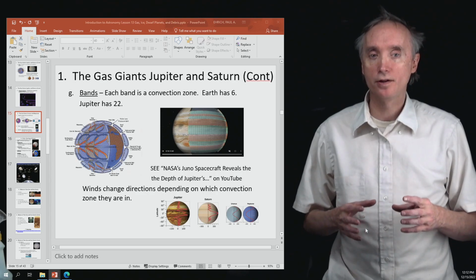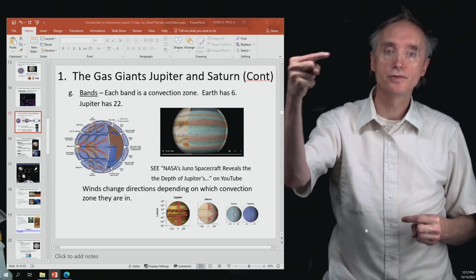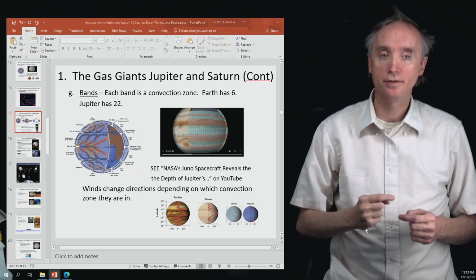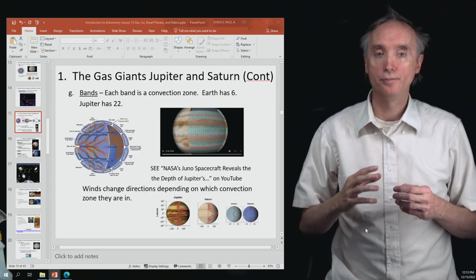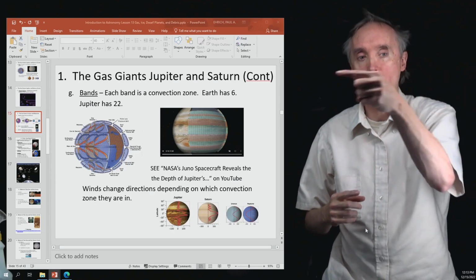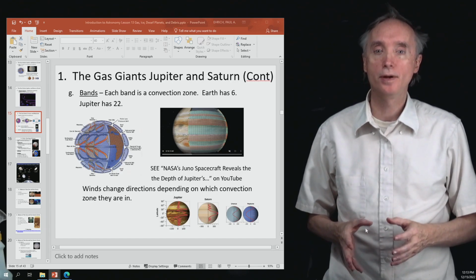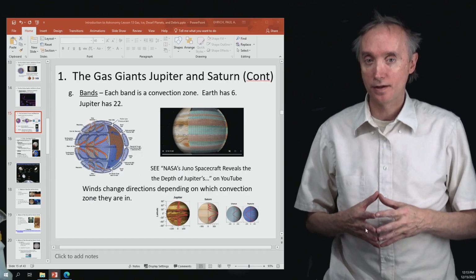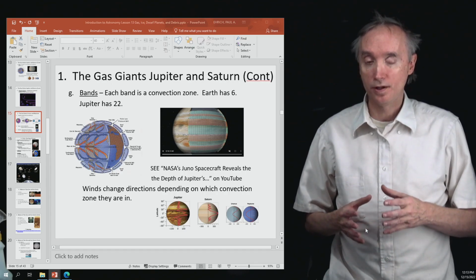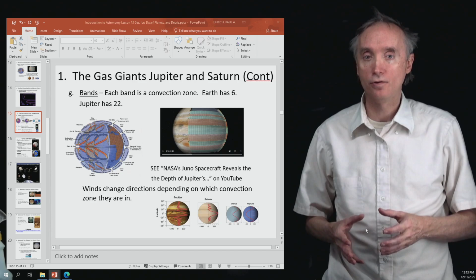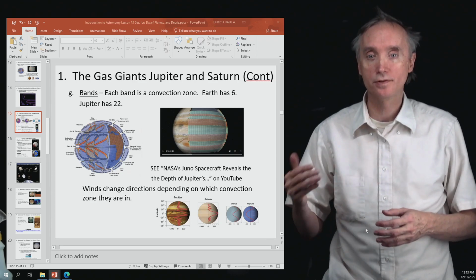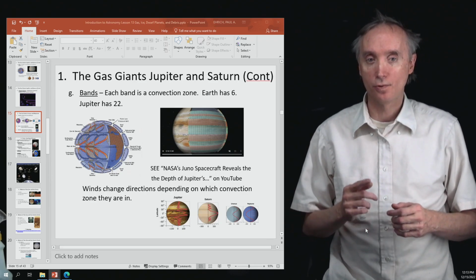You'll notice that on some of the bands the clouds are moving from left to right, and in other bands they are moving in the opposite direction. Same thing happens on Earth. So depending on which convection cell you're in, the winds either tend to go from east to west or from west to east. All right, so watch that little video.